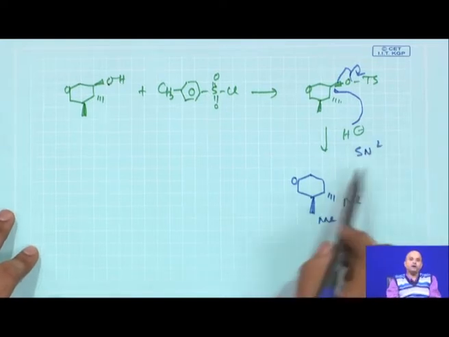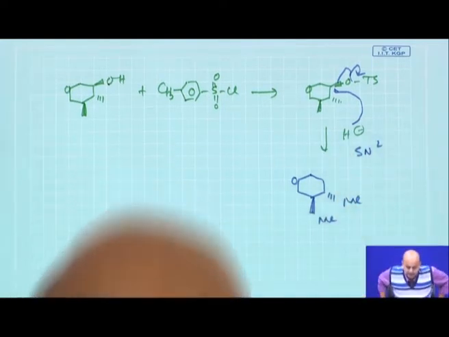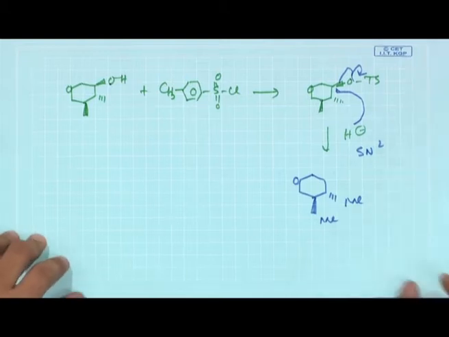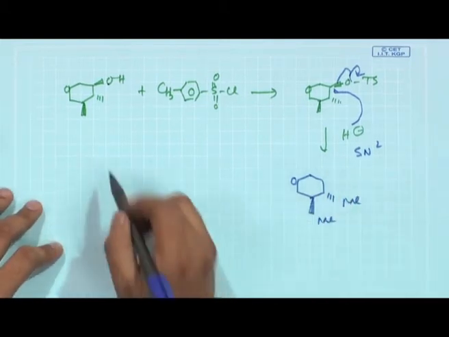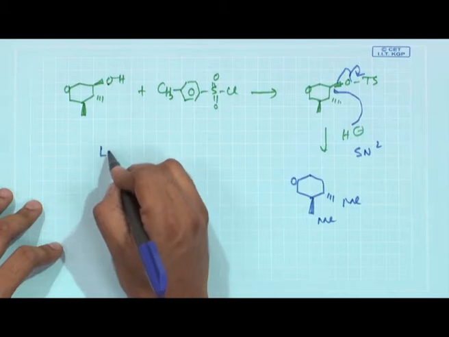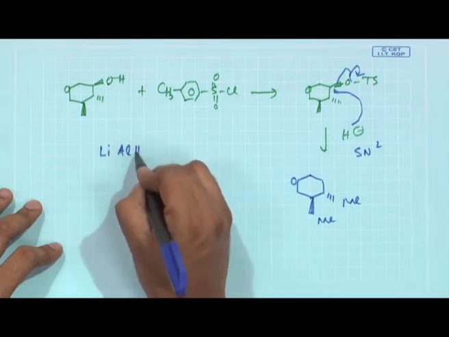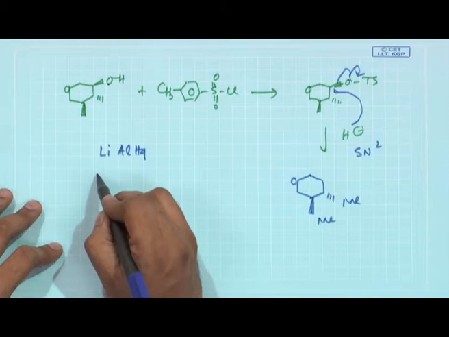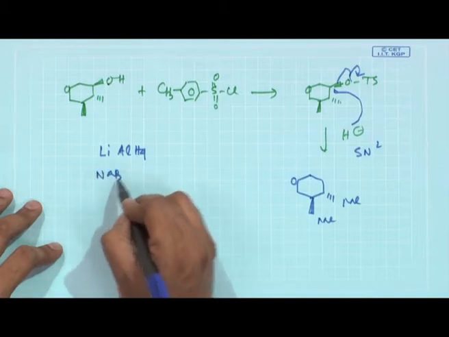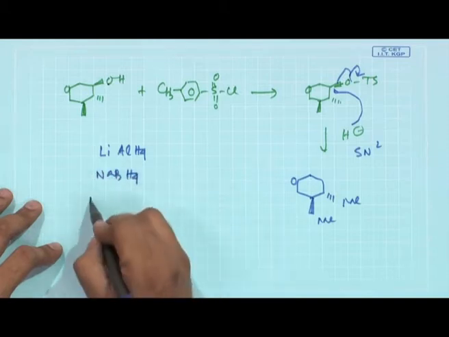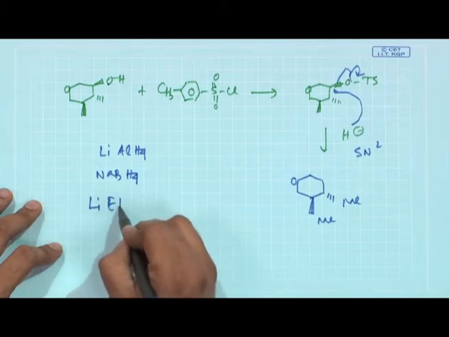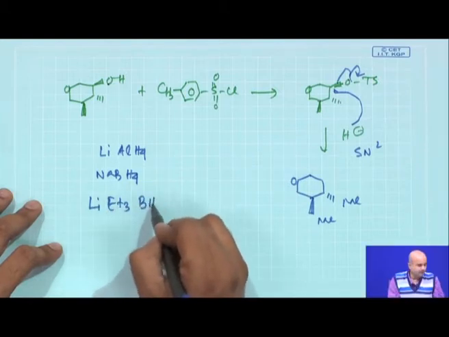You are basically using a hydride source of nucleophile, and this is also a very nice demonstration. Now, you can use lithium aluminum hydride, even sodium borohydride as a hydride source, or you can use superhydride, lithium triethyl borohydride.